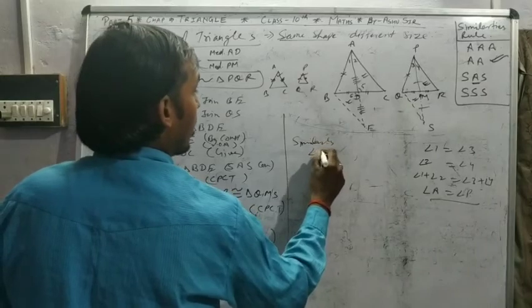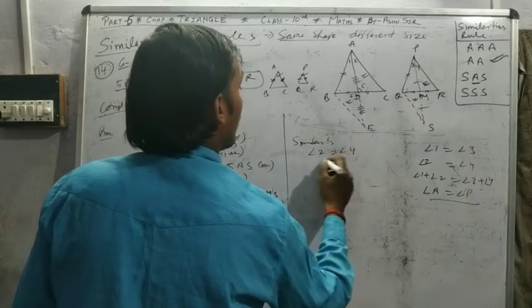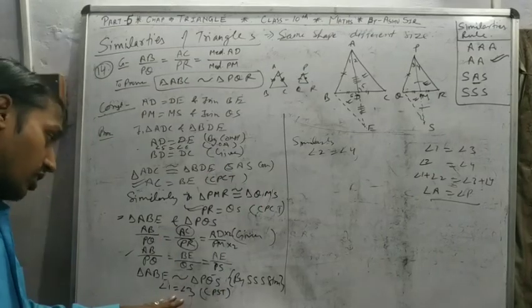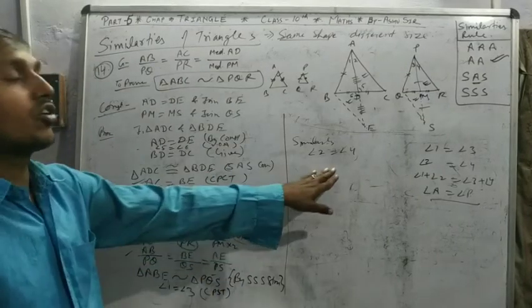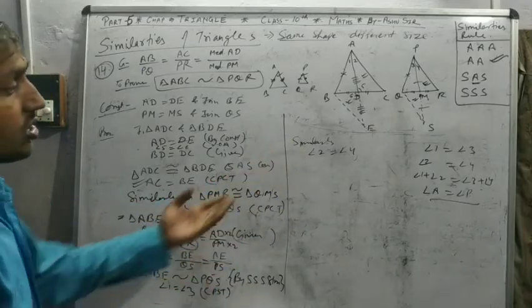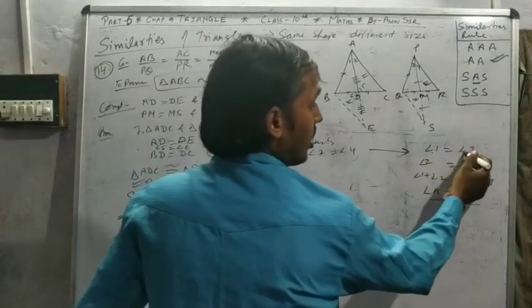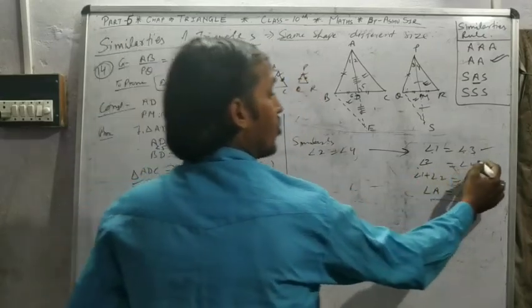Similarly, angle 2 is equal to angle 4. When two steps are solved by the same process, one step we have to do in full, and the second step you directly write 2 equal to 4 similarly. So the same we have to do here. 1 equals 3 by CPST, 2 equals 4 by CPST.